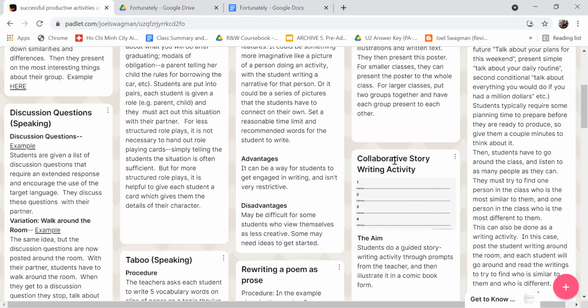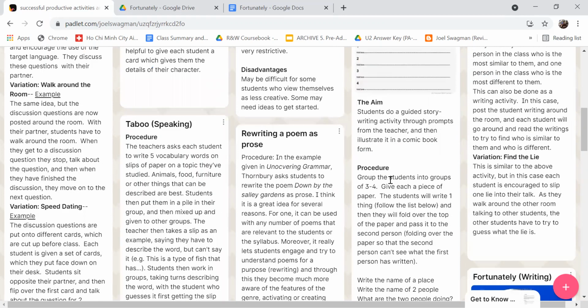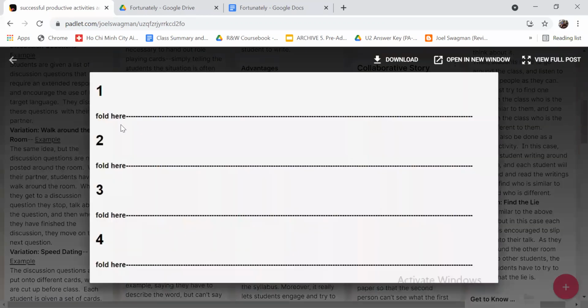Another activity here is collaborative story writing. This is done in groups of about 3 or 4. You give each one a paper, and you fold the paper along the lines so that the students can only see one section.